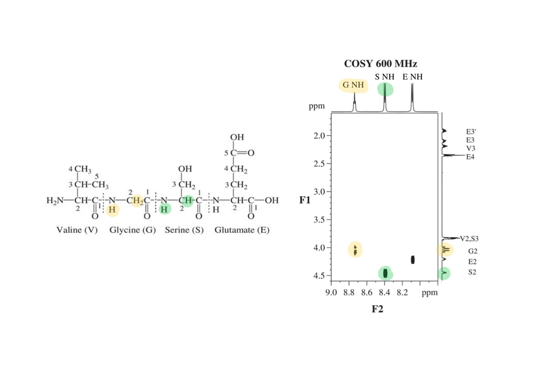Likewise, for the third amide NH, we can see a correlation with a CH that is attached to nitrogen at the alpha position at 4.2 parts per million, and ultimately that is later determined to be specifically for glutamate.